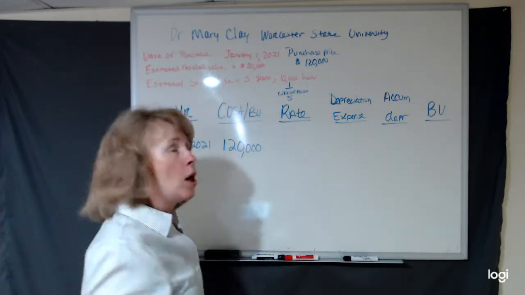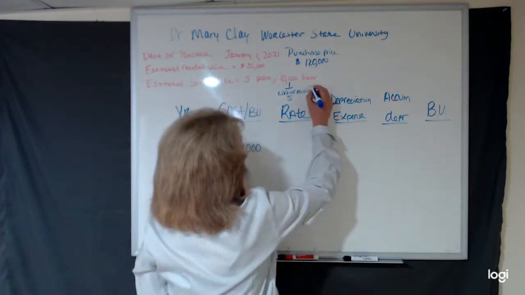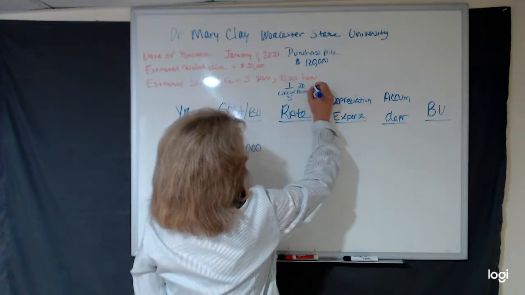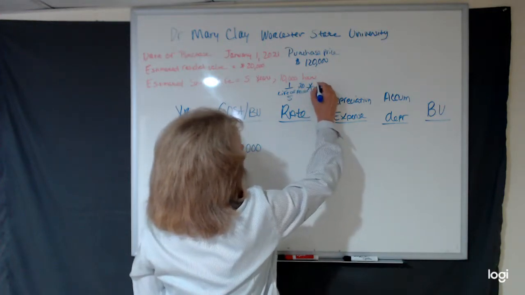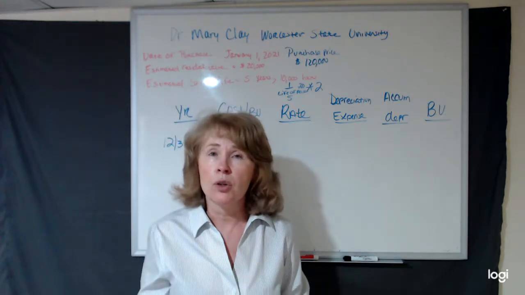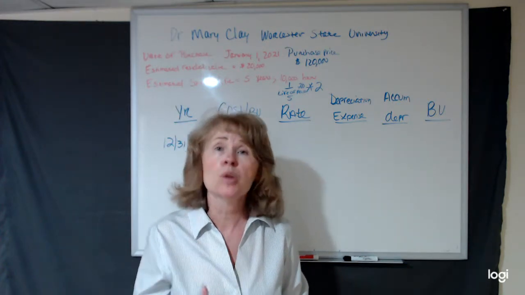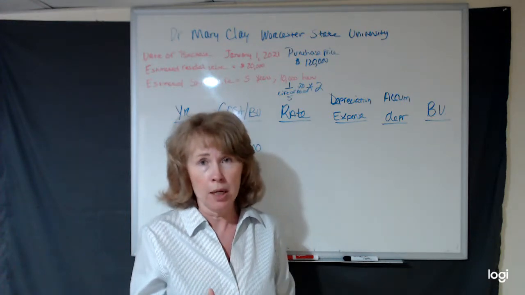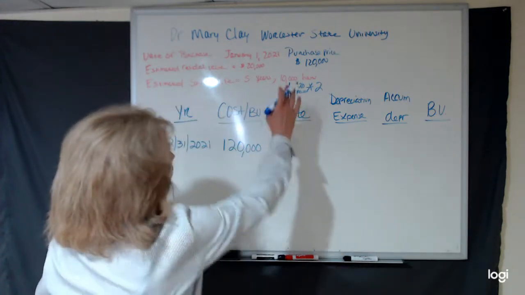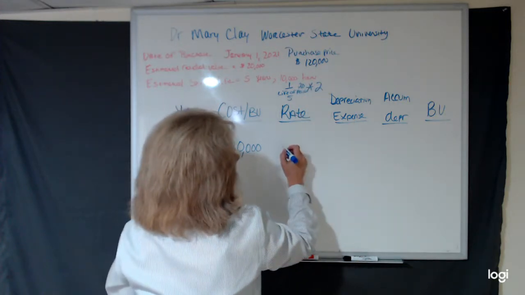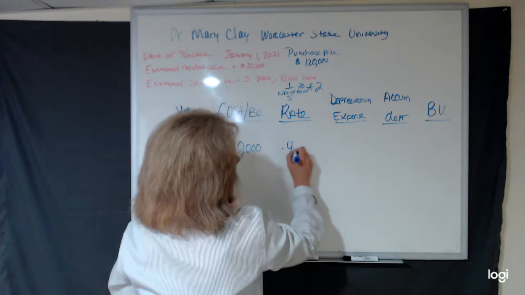So we take 1 divided by 5, that will be 0.2, and then always multiply whatever number by 2. Double declining balance. So you will see most of the depreciation is going to happen in the first few years. Okay, so 1 divided by 5, 0.2 times 2 is 0.40 is the rate.